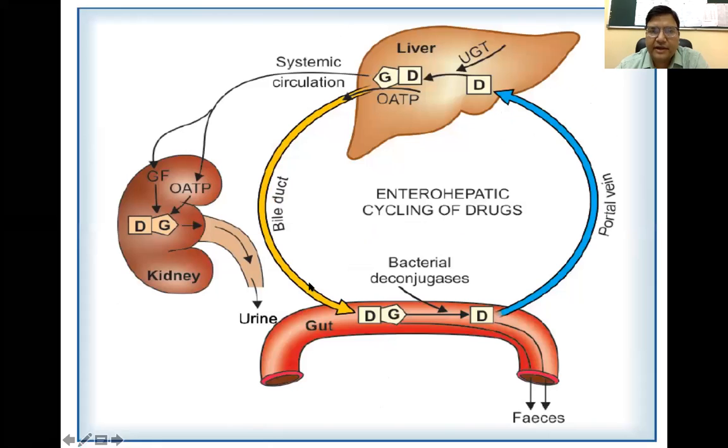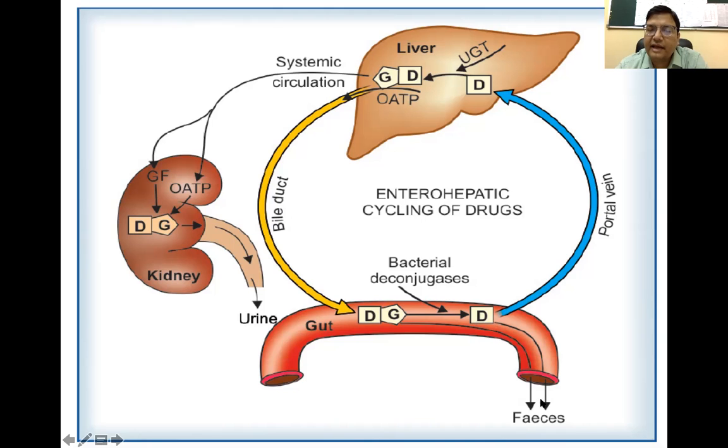I explained yesterday that when the drug comes into the liver, glucuronosyl transferase transfers this moiety and combines with the free drug, and then by an active process this is excreted in the bile. The drug conjugate comes into the gut, where it is acted upon by bacterial deconjugase enzyme, and free drug is formed.